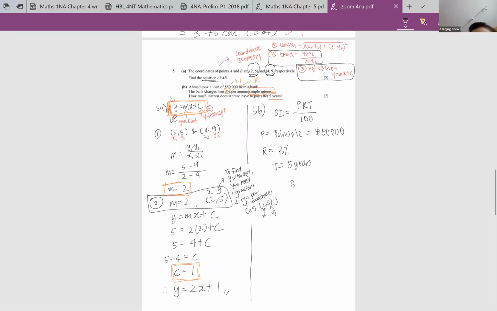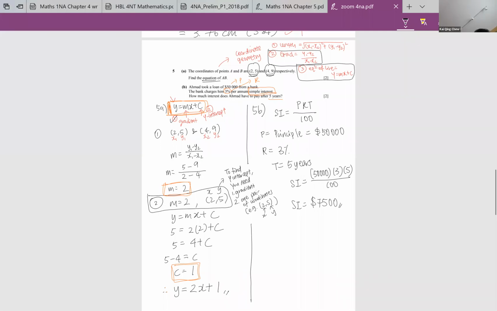Okay, so for the simple interest, now I just have to put in all the things that I've said. 50,000, the rate is 3, the time is 5, over 100. There you have it, the simple interest. 7,500. Correct. 7,500 is the simple interest.